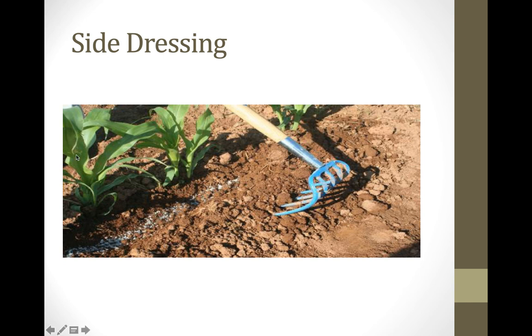So you want to make sure that your crop is up, and you can go along there and side dress beside it. This looks like a little corn crop right here, and somebody's come along beside it and put some fertilizer. When it rains, that fertilizer is going to begin to dissolve, and those nutrients can be absorbed by those corn plants.